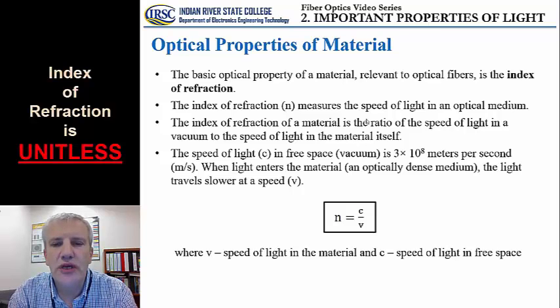So the ratio between the speed of light in air, shown here with a small letter c, and the speed of light in that specific medium, shown here with the small letter v, is equal to the index of refraction, as shown in this formula here in the box.